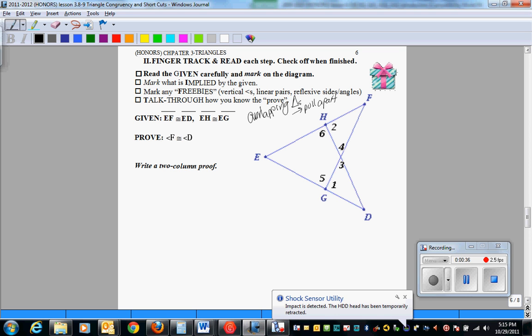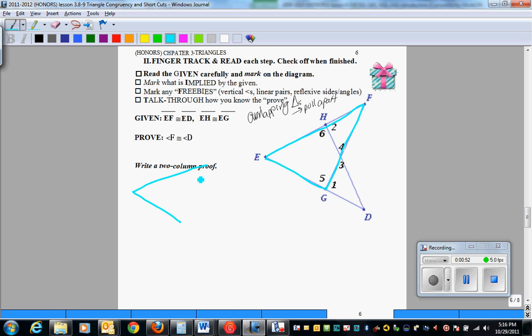So I'm going to trace an outline so it's easy to see these. And we're going to take this one triangle, EFG, and I'm going to pull it apart right here so it's easy to see it. And this is E here.